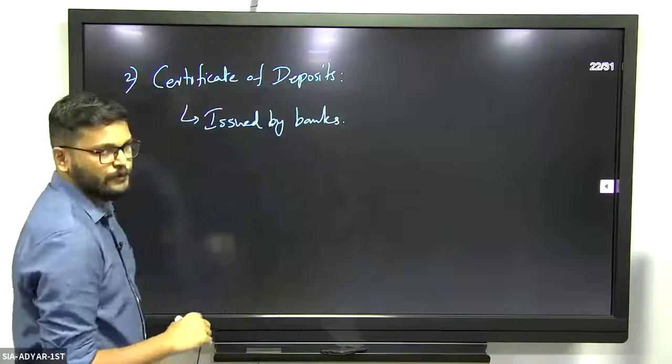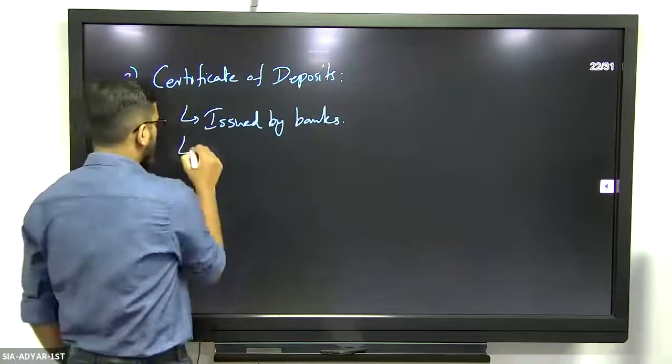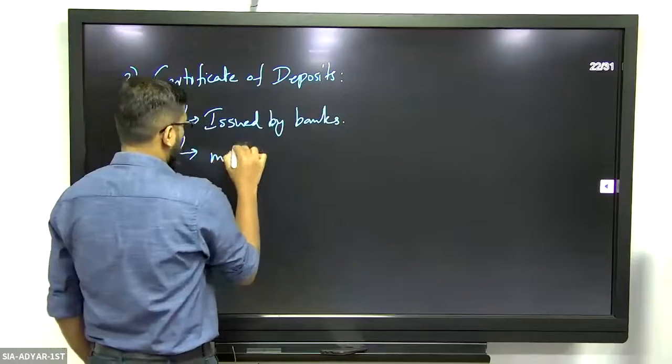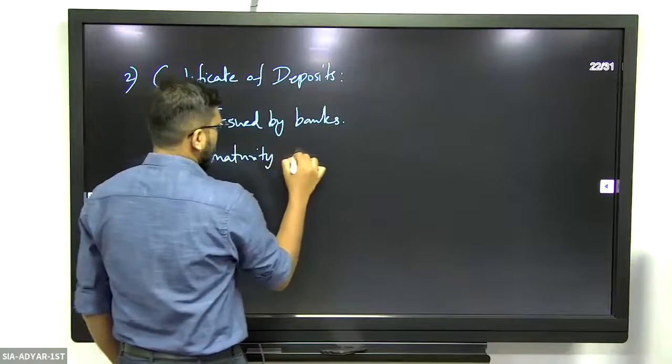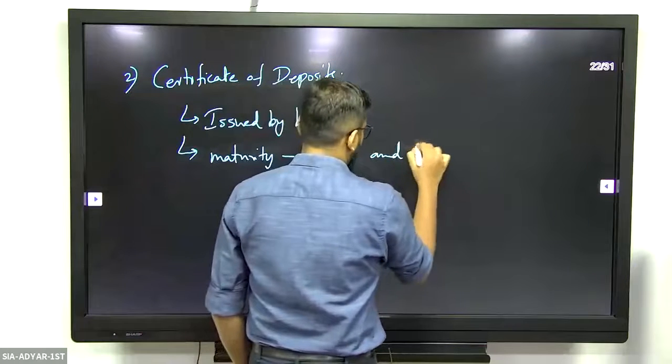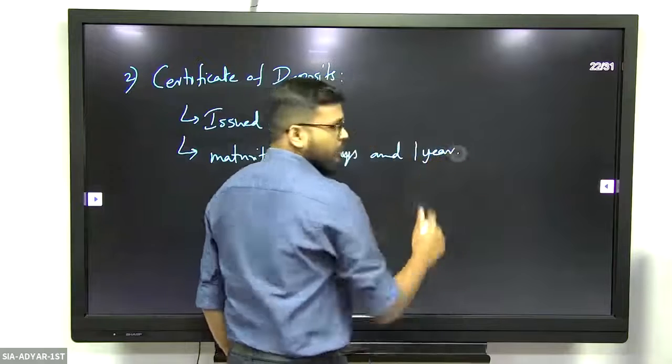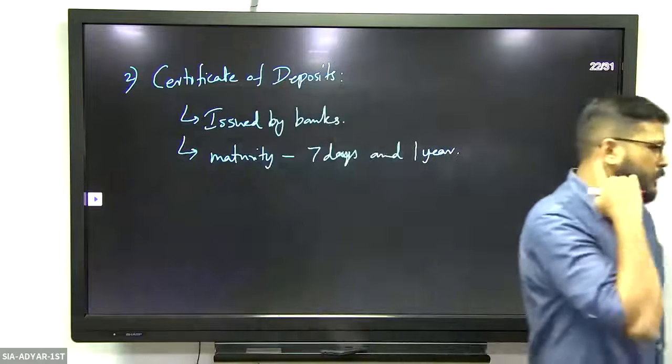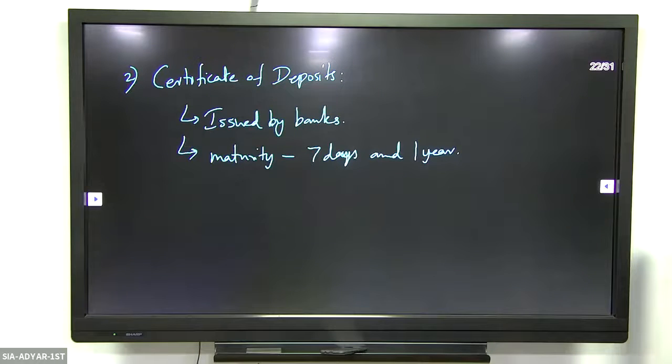Issued by banks. Maturity is between 7 days and 1 year. From 7 days to 1 year, various maturities are there.